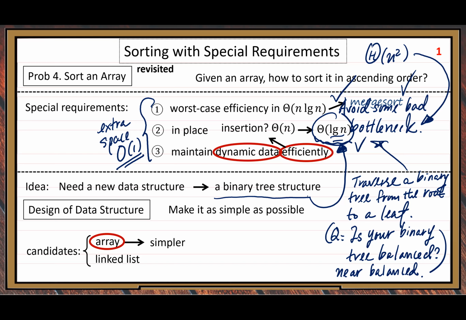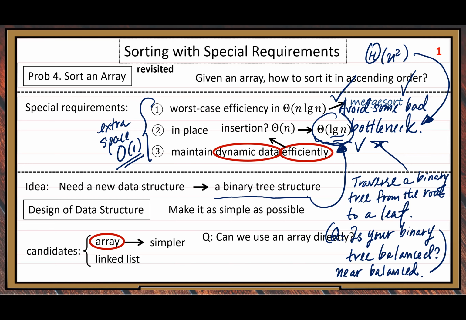When we compare these two options, array is much simpler. There are no pointers. In array, we do not need to consider pointers. In linked list, we need to consider many pointers. That's not quite simple. We want a simple solution, so we favor the array data structure to represent a binary tree.